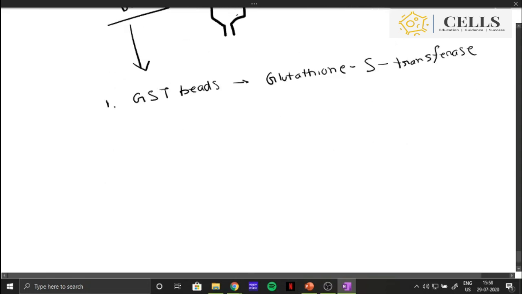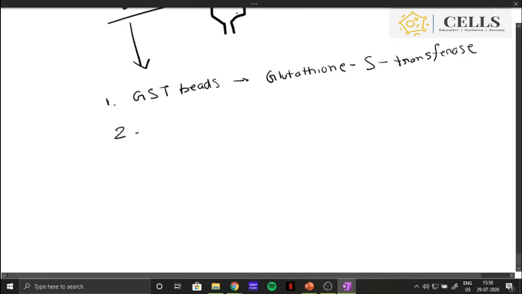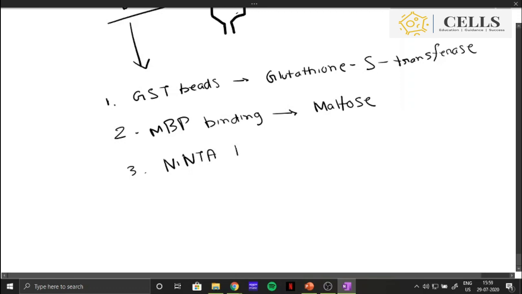Then you have MBP beads, maltose binding protein, which binds to maltose. Then you have Ni-NTA beads, which bind histidine.